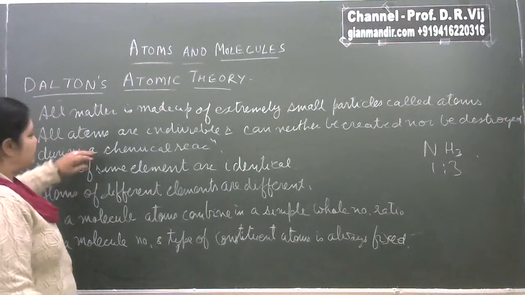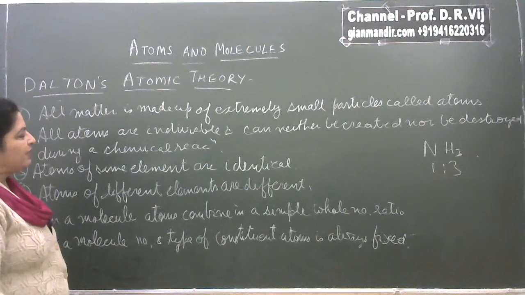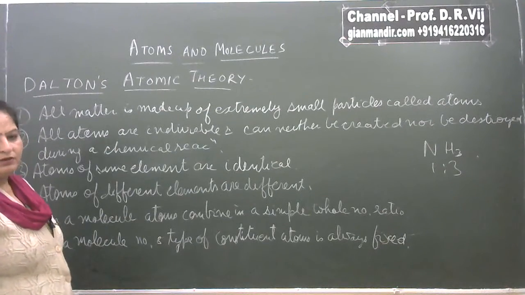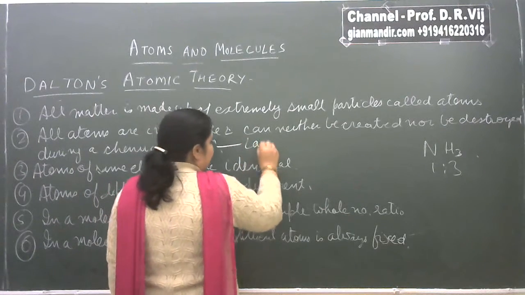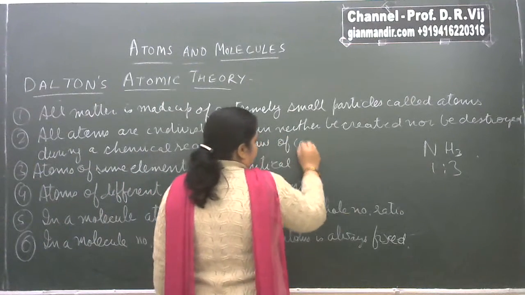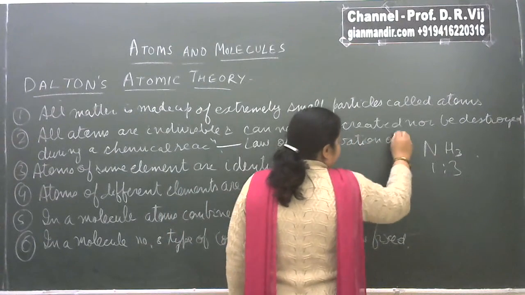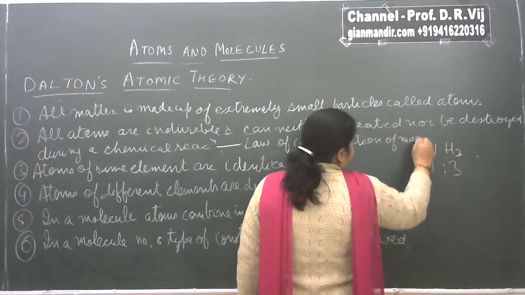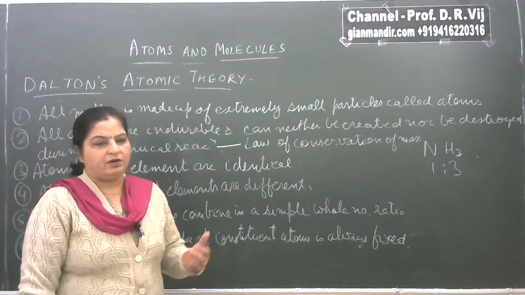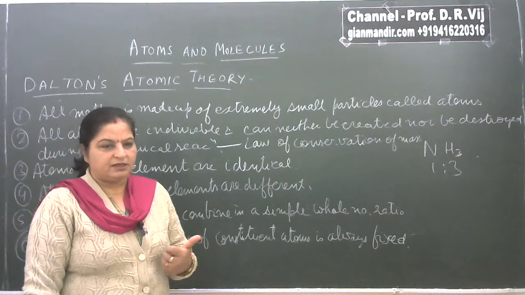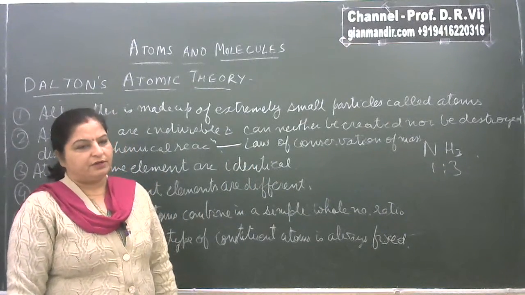For example, the second postulate, that all atoms are indivisible and can neither be created nor destroyed, explains the law of conservation of mass, because according to the law, mass can neither be created nor destroyed, and this is only possible when atoms are also neither created nor destroyed. So as atoms are neither created nor destroyed, of course the mass is also neither created nor destroyed, right?